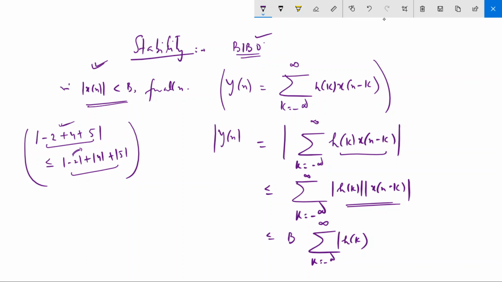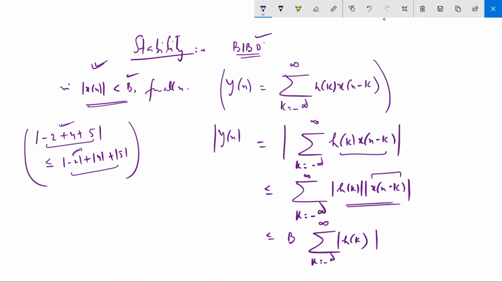Why have I written this equation like this? Because we have assumed that the magnitude of x[n] may be x0, x1, x2, anything. So x[n minus k] can be x0, x1, anything for any value of n and k. It is going to be one of the samples, and its maximum value is b.